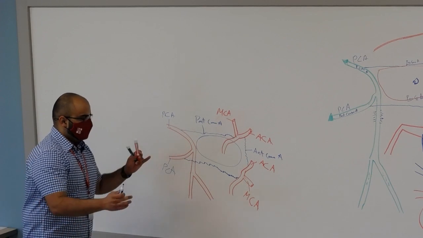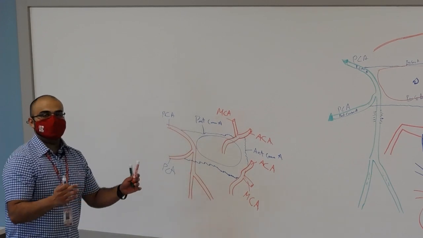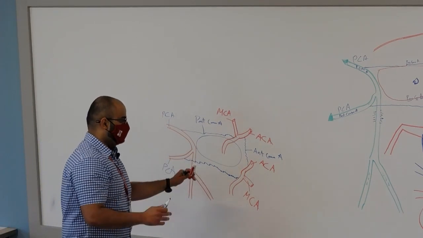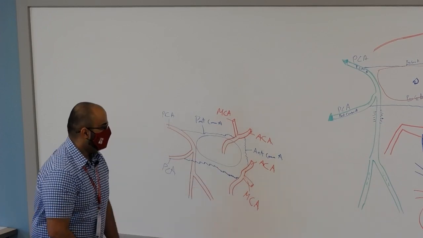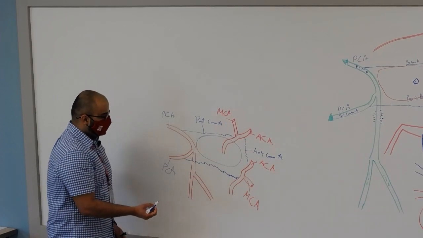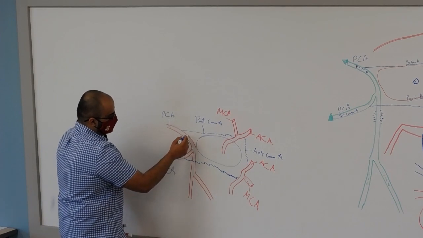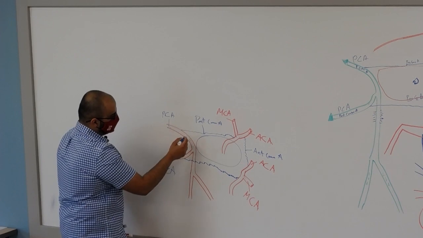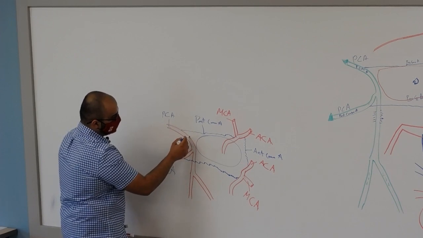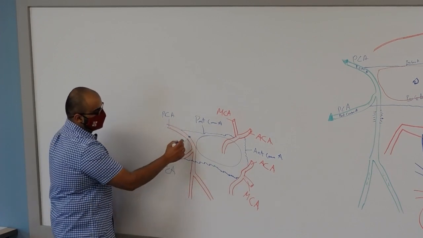It's a way for the internal and posterior systems to communicate with each other, and there's a very important purpose for this. Let's say there's an occlusion or a blood clot in the artery right here, in the posterior communicating artery.